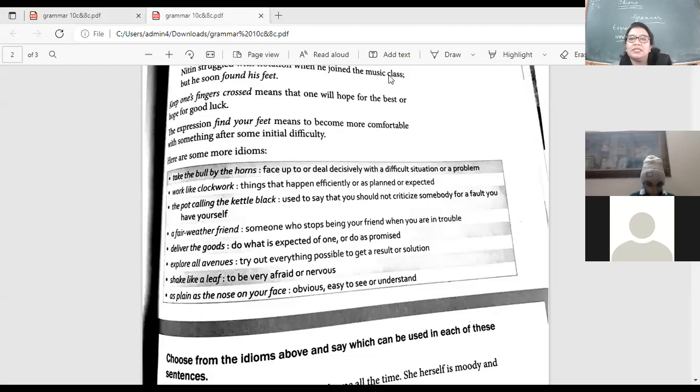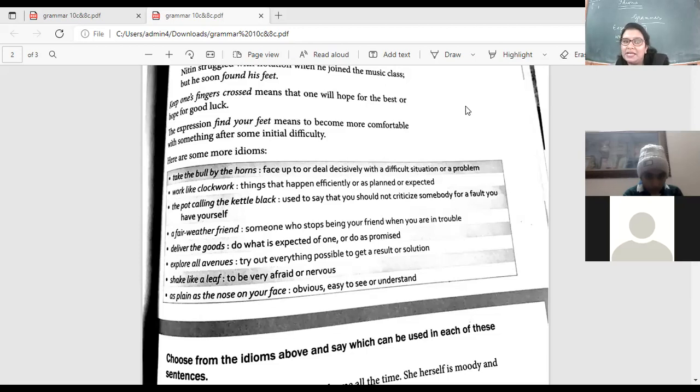So Sham was caught cheating in the paper, but he blamed his friend for disturbing him during the exams. Imagine, the pot calling the kettle black, right? So you can use your idioms like this also. It's not necessary to replace an expression. It can be used in addition to that also, right?